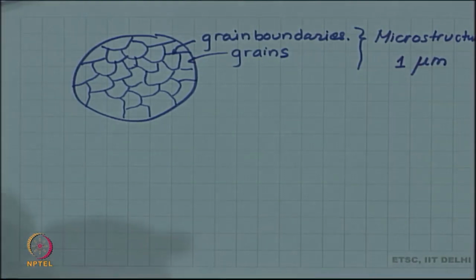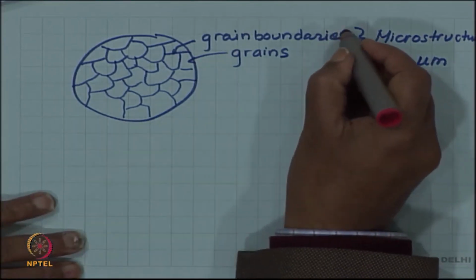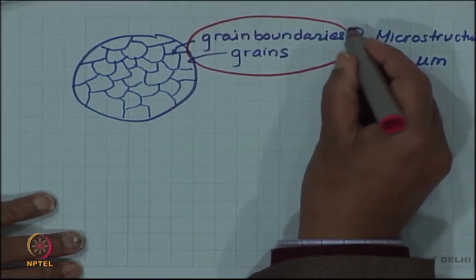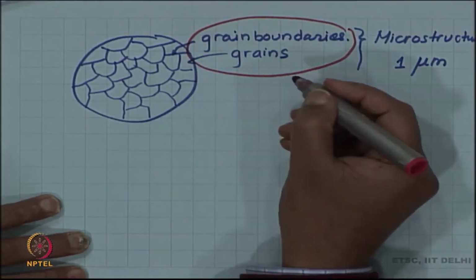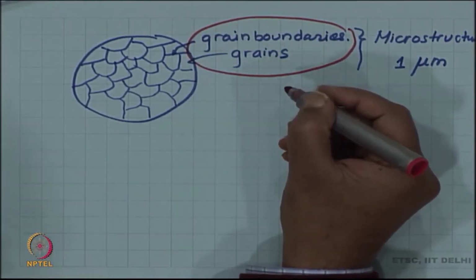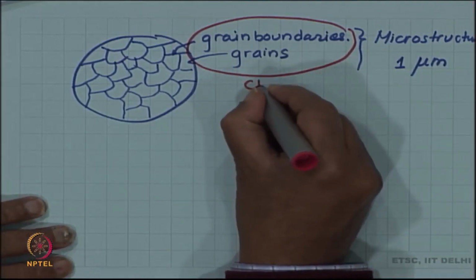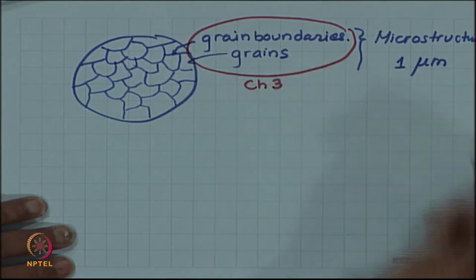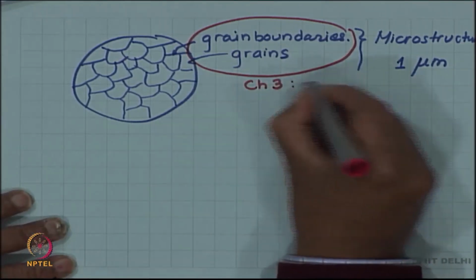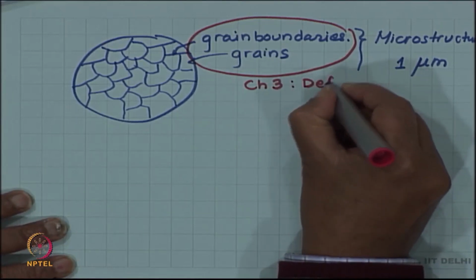So, we will talk about grains and grain boundaries. The meaning of these terms will become clear as we go along in the course, and grains and grain boundaries we will discuss in chapter 3 of this course, which deals with defects in crystalline structure.